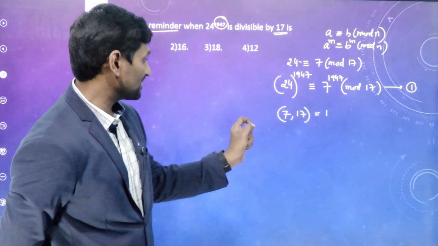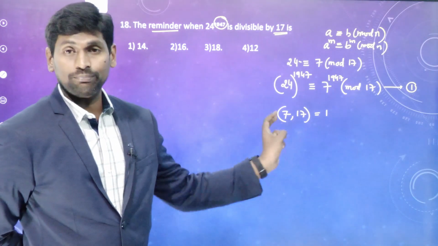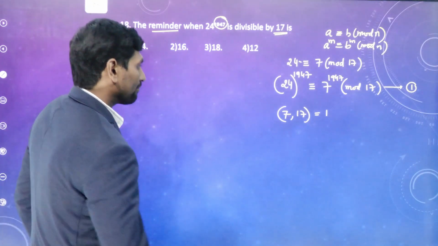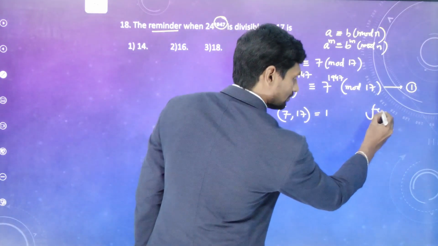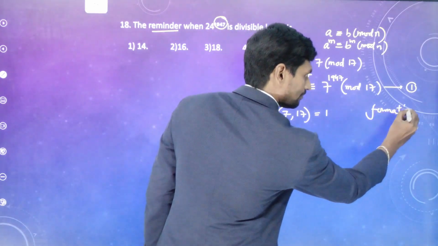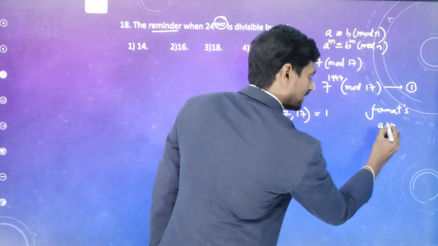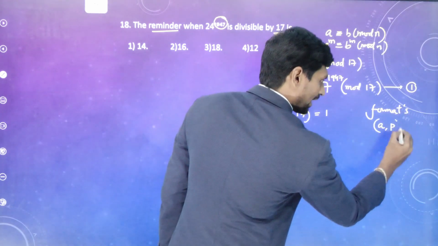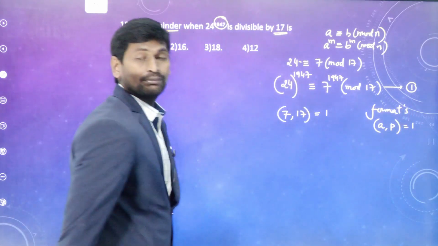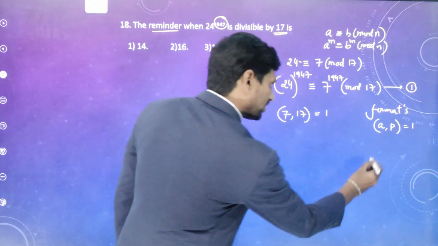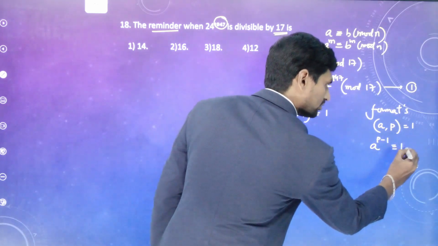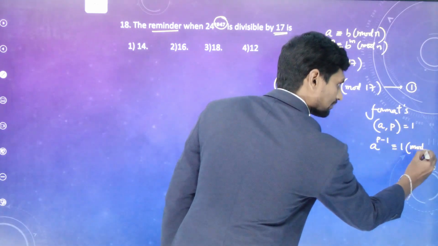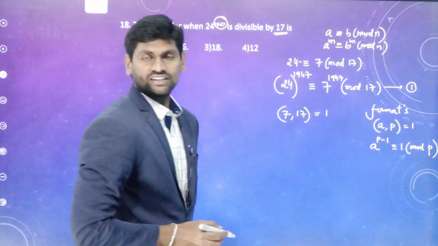Co-primes in the sense there is no common factor between them. Like Fermat's theorem, I am writing here, Fermat's theorem: if A, P are co-primes and P must be a prime number, then we should write A power P minus 1 is congruent to 1 mod P. This is the Fermat theorem, right?